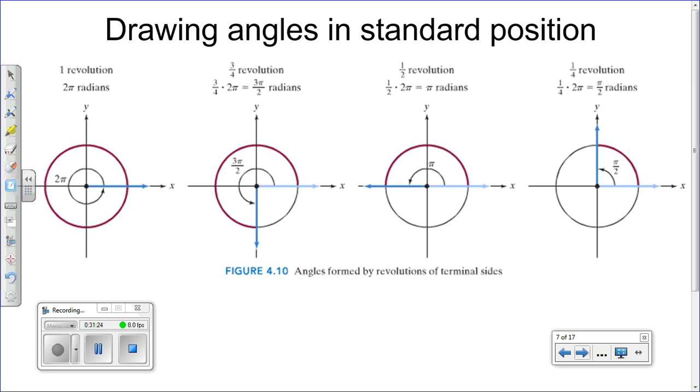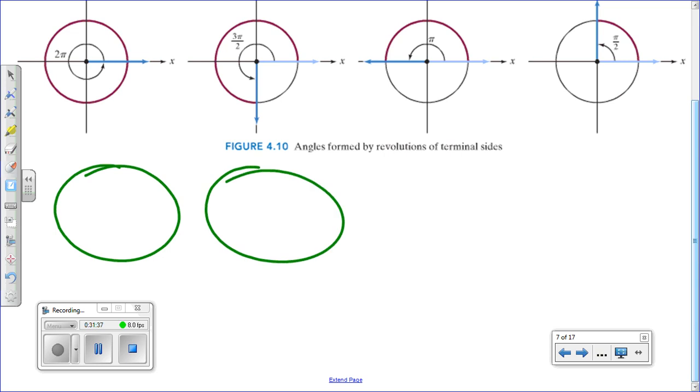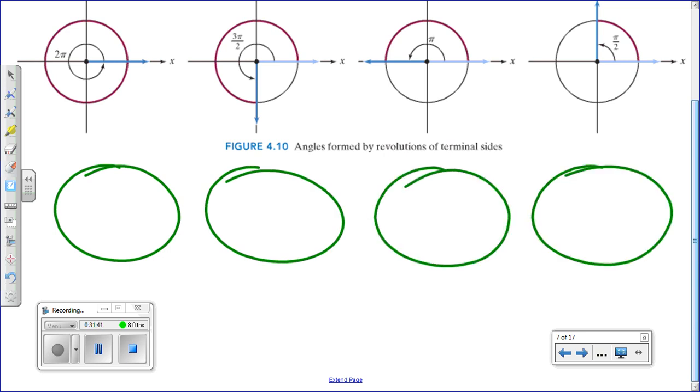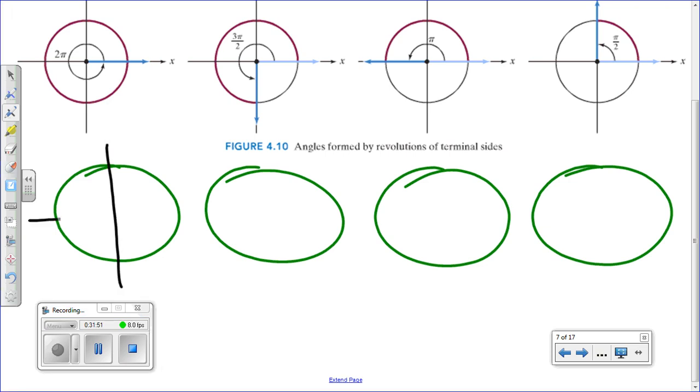Okay, so what you're going to do, guys, I need your attention. You're going to draw 4 circles here. Small circles? Draw your 4 circles, and then you're going to trace the XY axis.